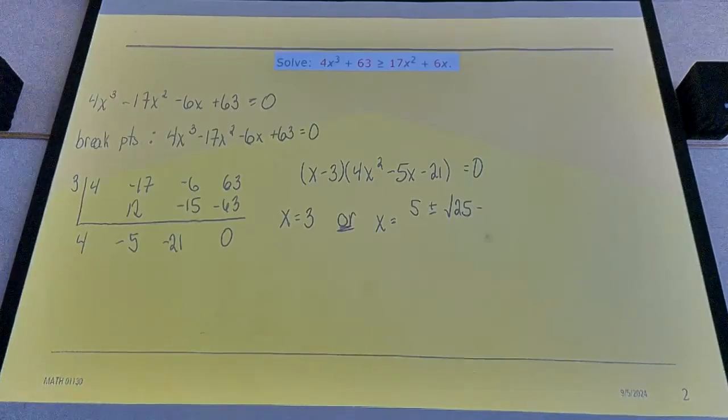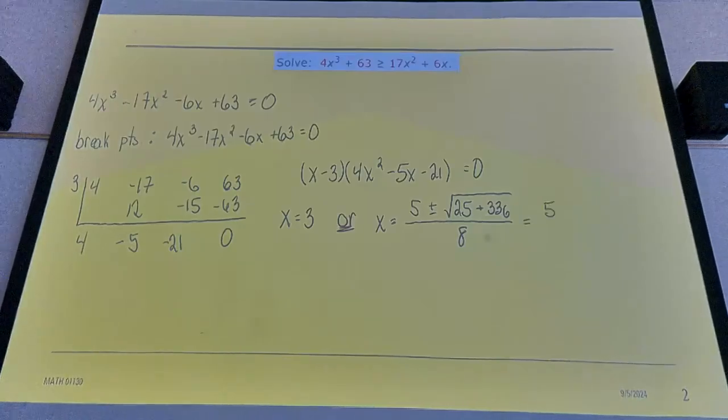Oh, that's going to be fun. 16 times 21. 25 and 336. 361. Square root of 361. 19.